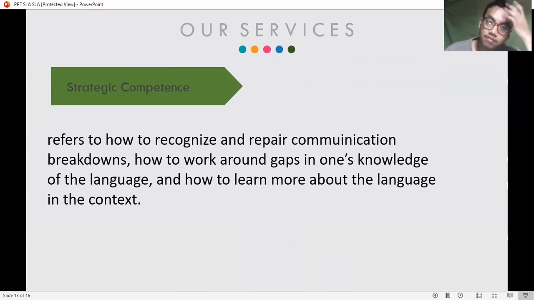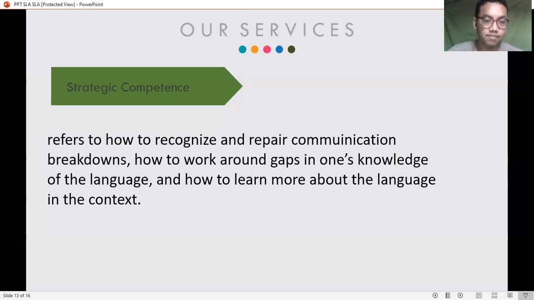So this is strategic competence. You can read in this slide that it refers to how to recognize and repair communication breakdowns, how to work around gaps in one's knowledge of the language, and how to learn more about the language in context. I think the point is about how we can make a strategy to deliver what we want to deliver.